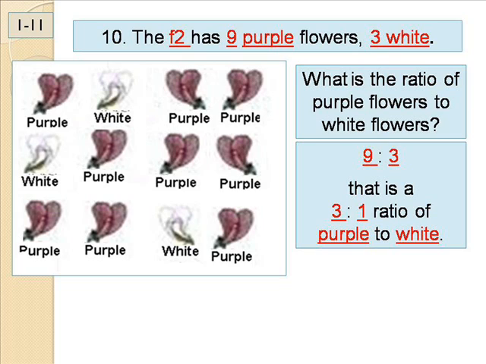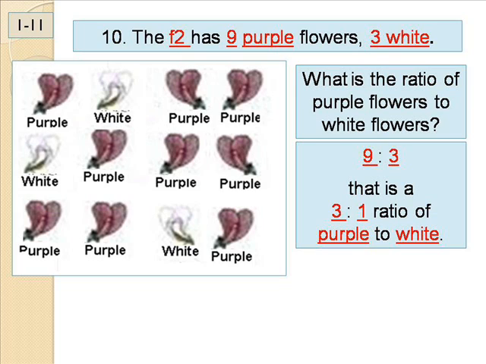Now, if he had 1,000 flowers, and it's 3 to 1, how many white flowers would you expect to have? 3 to 1 means in 4 flowers, 3 are purple. I've got 1,000 flowers. How many would be purple at a 3 to 1 ratio?